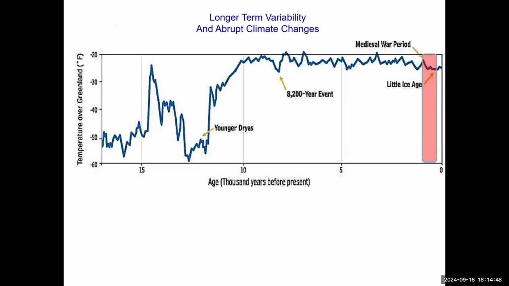Now, we did talk about the Little Ice Age, but this is a record of climate variability going back 20,000 years. And before the Little Ice Age, there were two really significant climate shifts that we need to look at. The first is what we call the Younger Dryas.